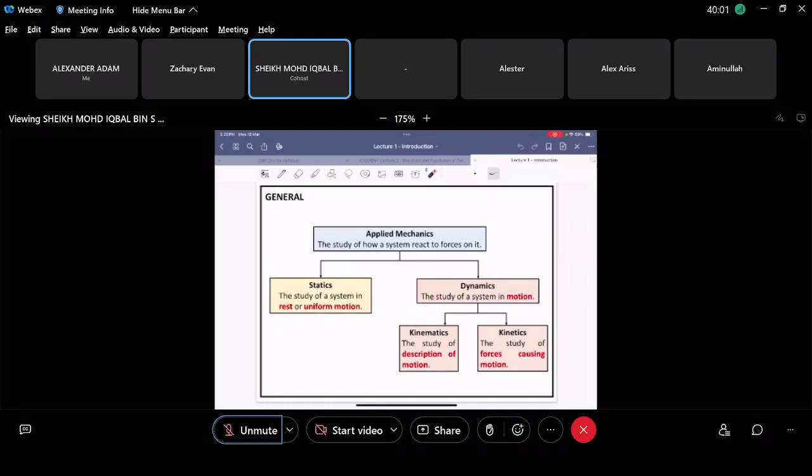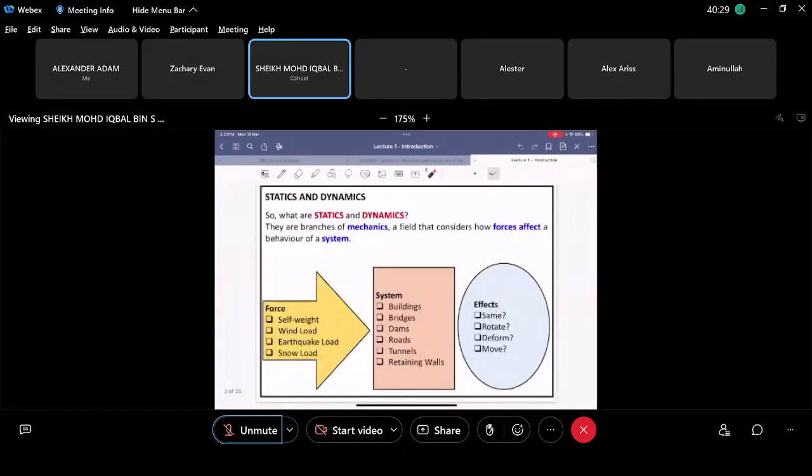Kinematics is the study of the description of motion, and kinetics is the study of forces causing the motion, right? So in applied mechanics for our 14-week lecture, it's only going to be divided into two. First one is statics, an object that does not move. And the second one is dynamics, objects that are moving, all right?